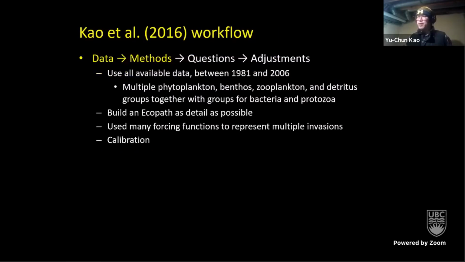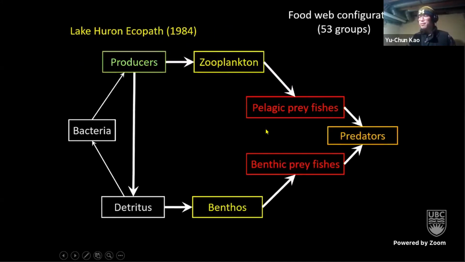In the Lake Huron model, we started with collecting data, building a method, and then a question. We wanted to use all available data because we didn't know, so we just used all of our data to be safe. We built an Ecopath model as detailed as possible, and because of that, we had to use probably too many forcing functions to represent multiple invasions and then calibration.